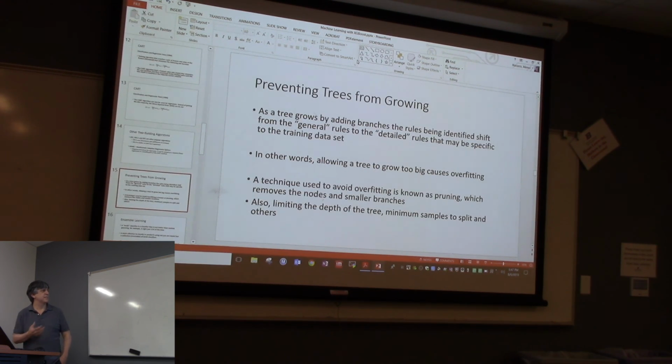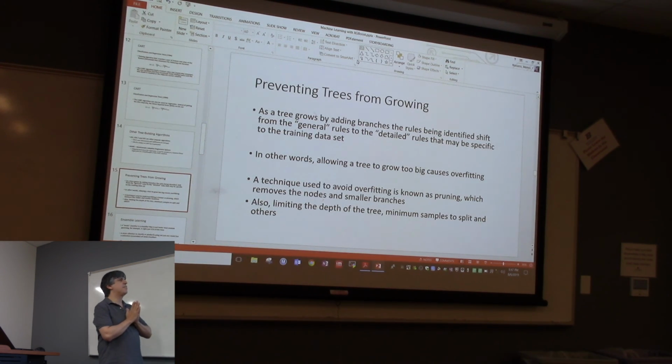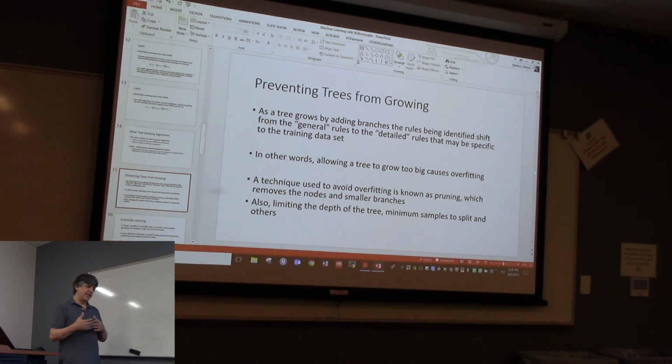And of course, people that have worked with trees know that they have to limit the growth of the tree because at some point it loses effectiveness, or it's not general enough. It becomes too specific for the training data set.